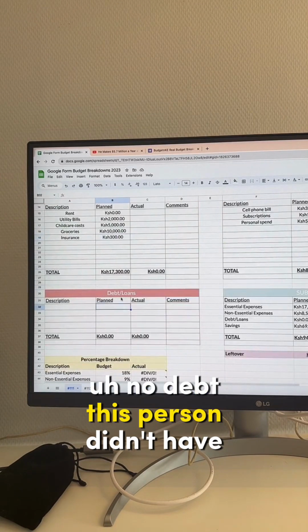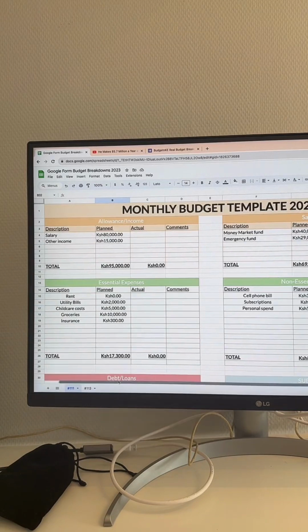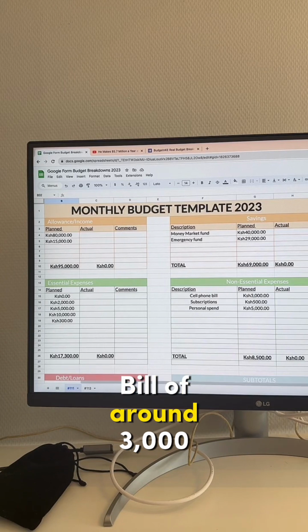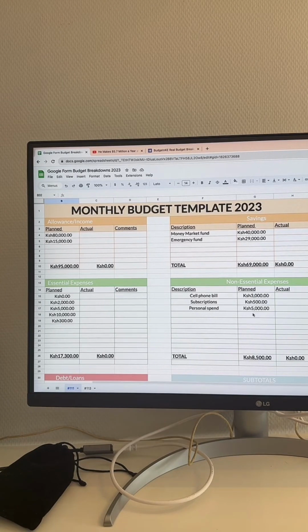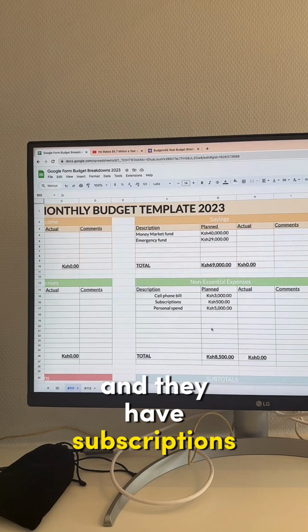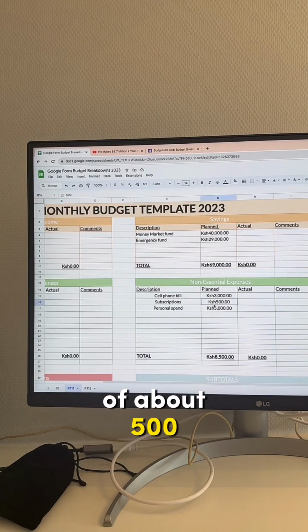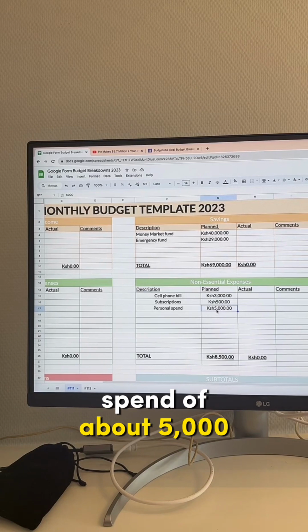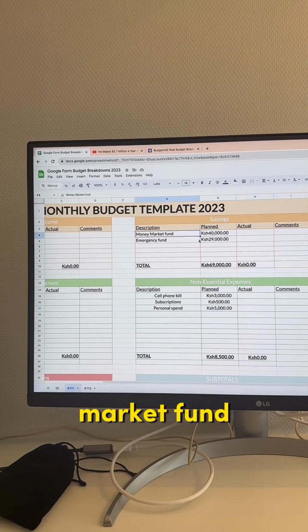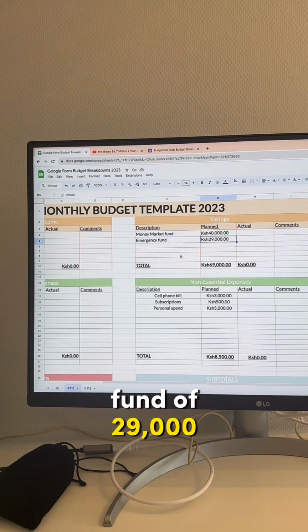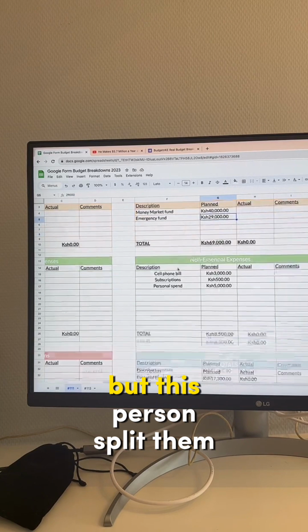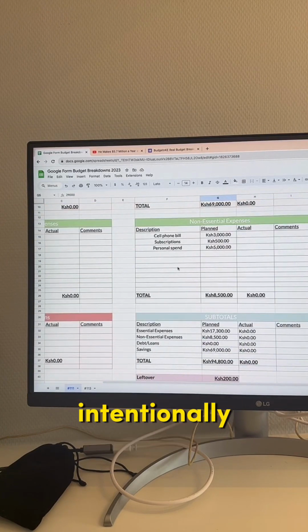No debt. This person didn't have any debt, and they have a cell phone bill of around 3,000, subscriptions of about 500, and personal spend of about 5,000. They put 40,000 in their money market fund, and they have an emergency fund of 29,000, which could also be in a money market fund, but this person split them intentionally.